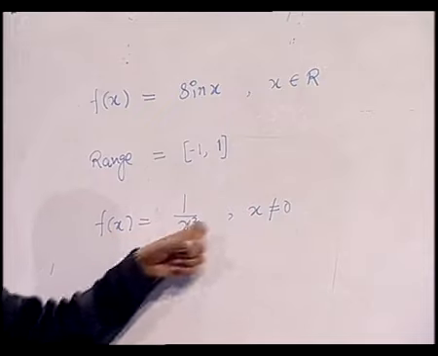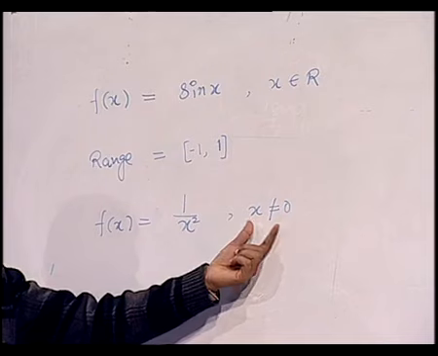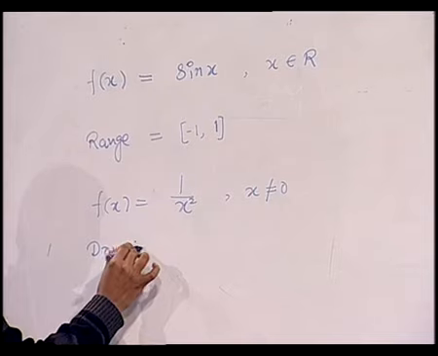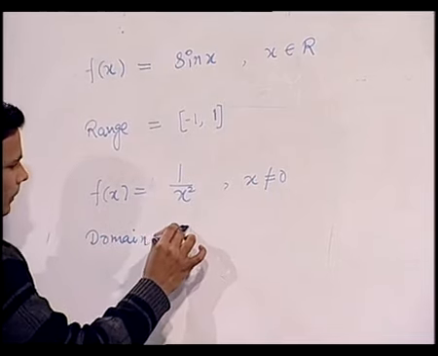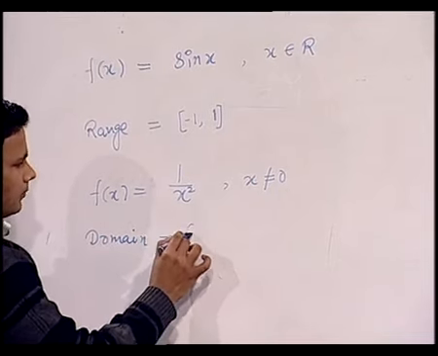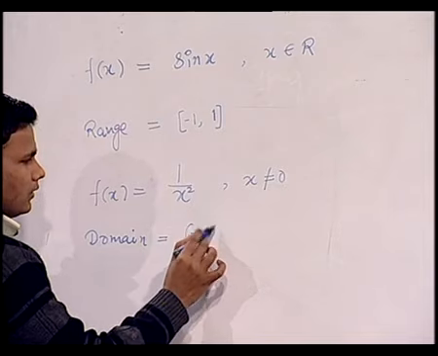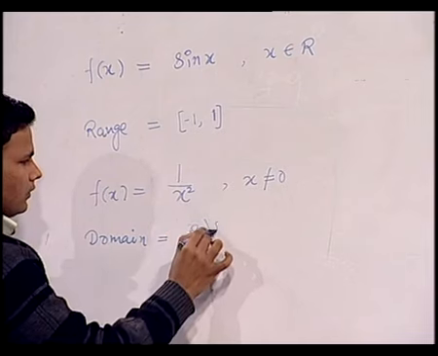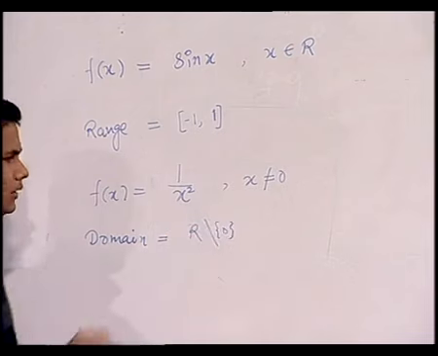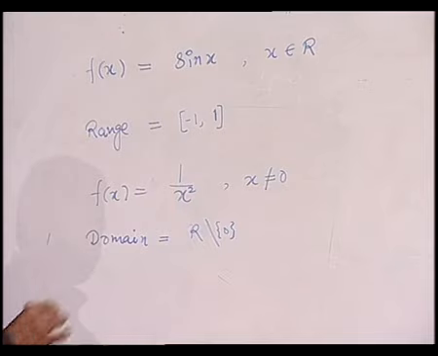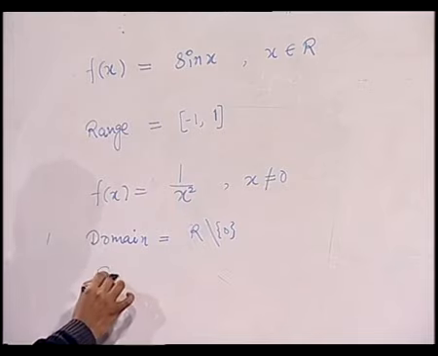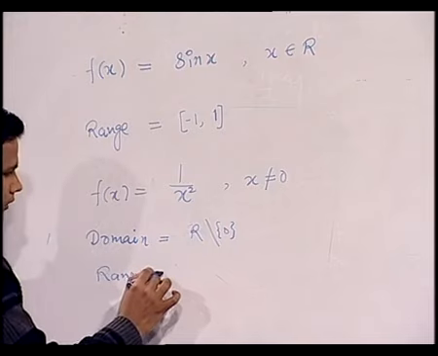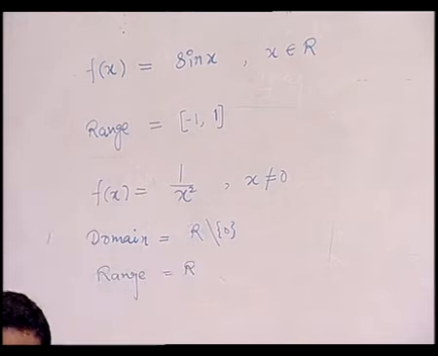So the function is not defined at 0. So its domain is R minus {0}, and its range is the positive real numbers.